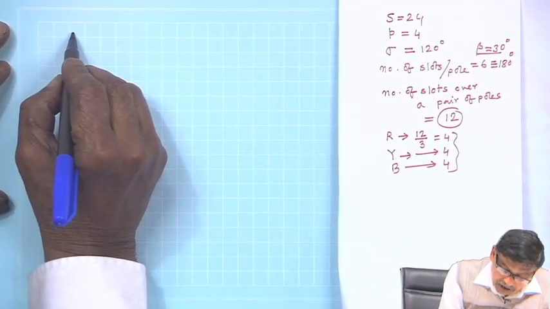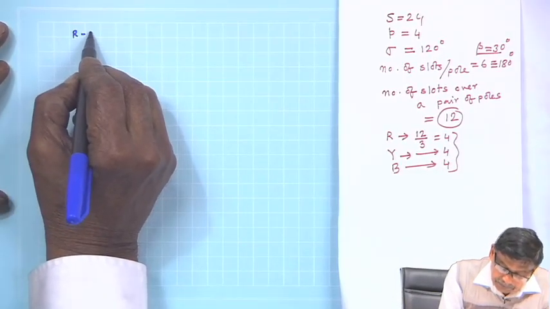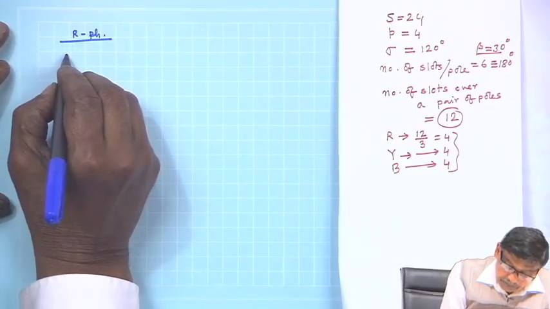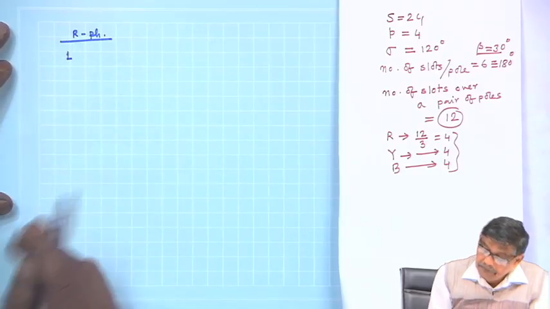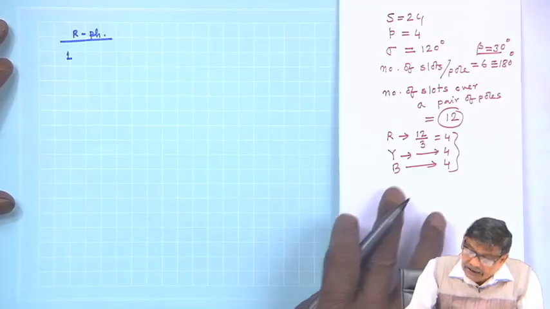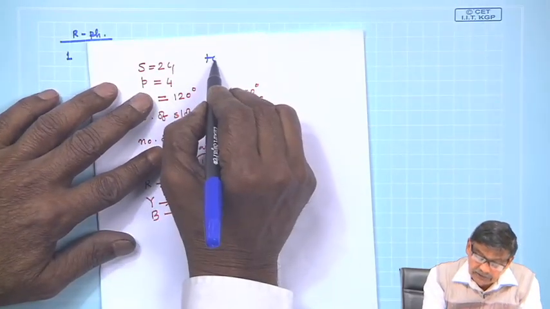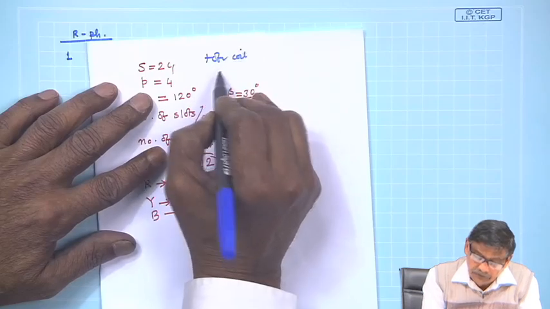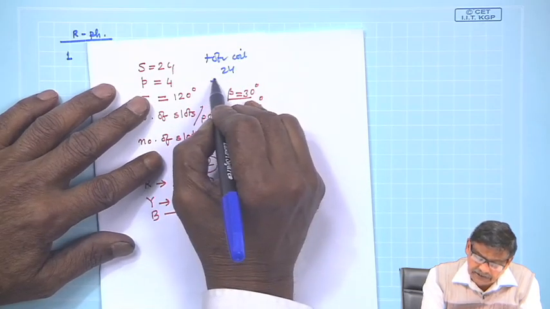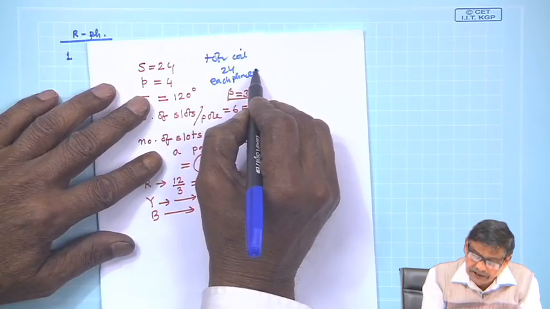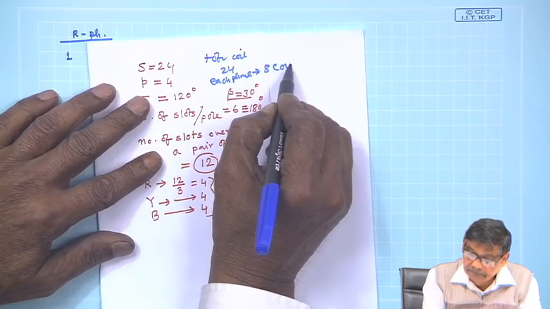So, for R phase I start from slot number 1, first coil. How many coils are there? Total coils are 24, do not forget that, and each phase must have 8 coils, these are known.